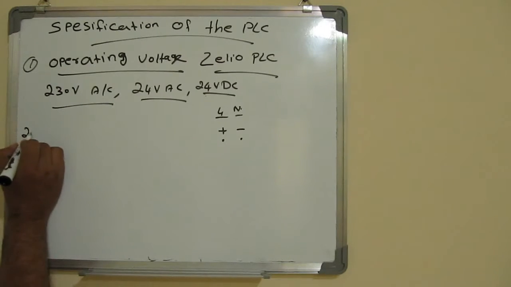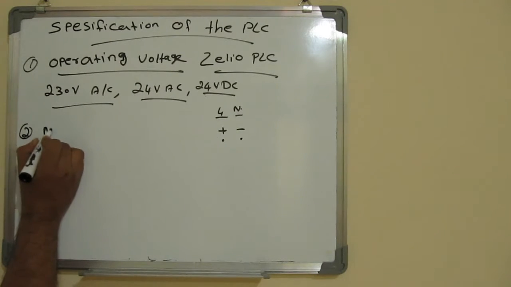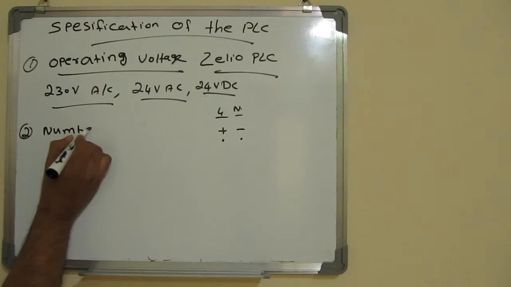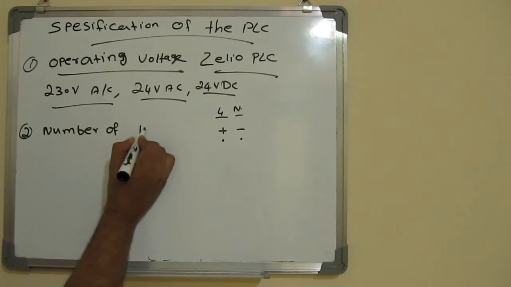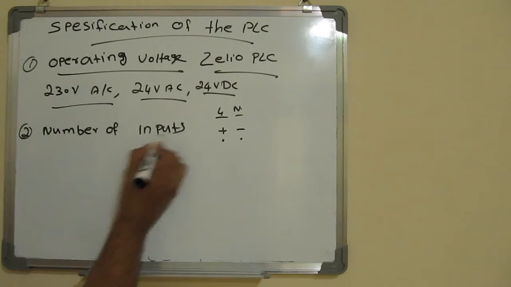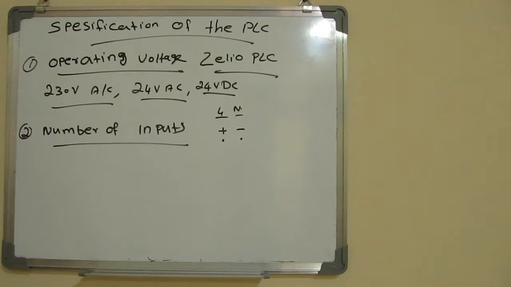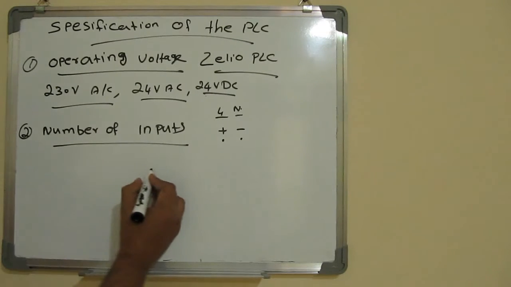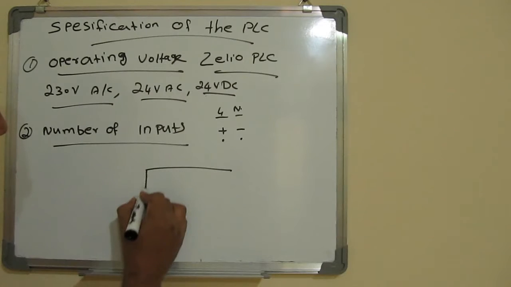The second one is the number of inputs. Input means the PLC is required to receive some external signal, to check the condition or status of the externally connected devices. For that purpose a PLC has a lot of inputs available.